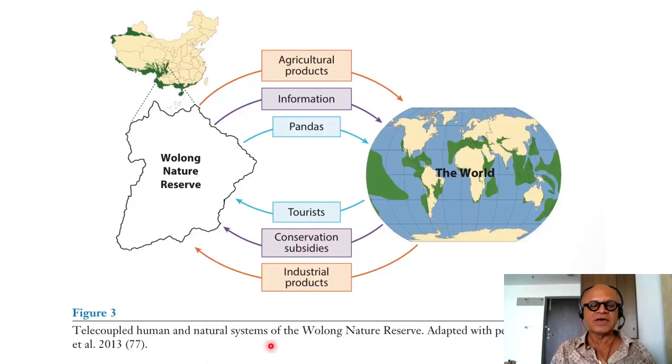Right? So the other framework is this one, telecoupled human and natural systems of the Wulong Nature Reserve. Eleanor Ostrom, who died a few years ago, but before that had won the Nobel Prize for her incredible work on how to manage shared resources in continents like Europe, came up with many of the ideas for this kind of framework, the so-called CHANS, coupled human and natural systems.